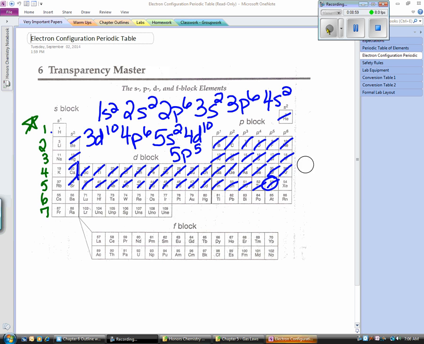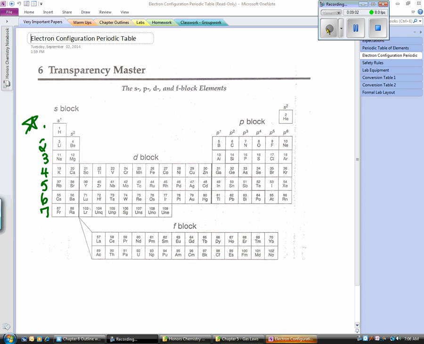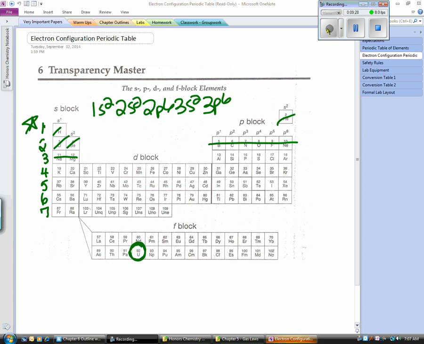We'll do 2 more. Alright, so we're going to do another one, but we're going to want to use the F block in there too, so we get a really good idea of what's going on. So let's do uranium. It's down here somewhere, 92. It's a lot of electrons. We still start up here. 1s2, 2s2, 2p6, I'm just going to cross all the way through, 3s2, 3p6, 4s2.